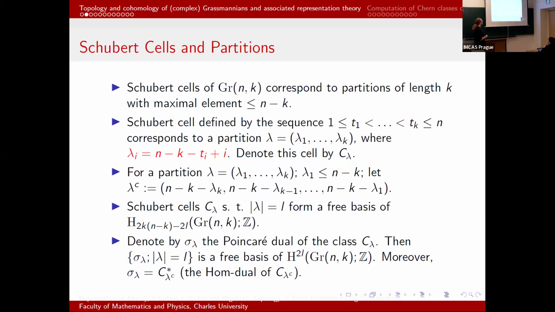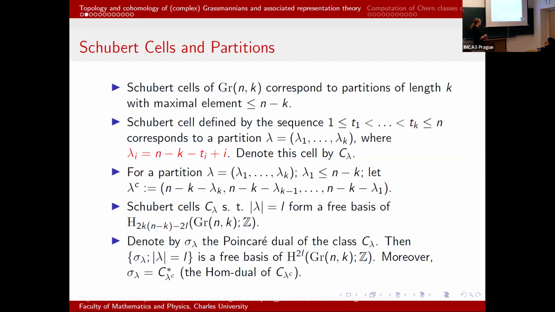Well, actually, in case of complex Grassmannians, there are no torsion elements in the homology and cohomology. If the Schubert cell C lambda corresponds to a partition lambda and the sum of lambda is L, then these Schubert cells corresponding to partitions lambda with sum equal to L form a free basis of the homology of dimension 2 times (k times (n minus k) minus L).